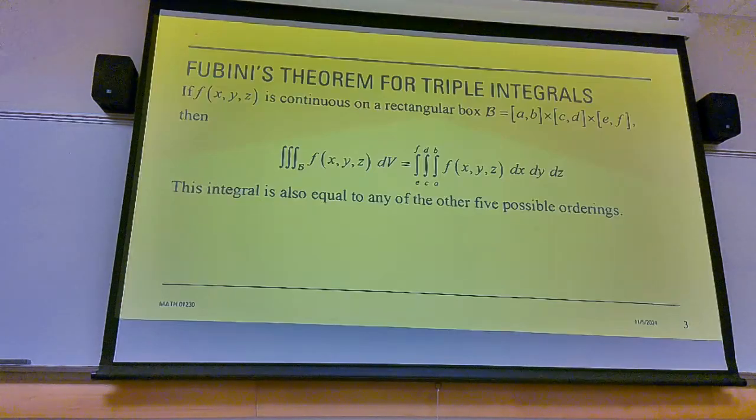There are 6 total ways you would order dx, dy, dz. Typically, it's dz, dy, dx. It's kind of like the default order. But order does not matter.